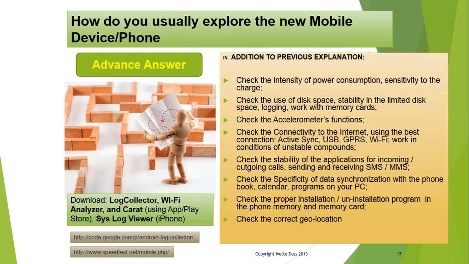It's not just about whether we can uninstall the application without any crash or freeze, but also, from a technical point of view, whether any trash files are still kept in phone memory or on the memory card. We also check for correct current geolocation, and can play around with this, specifically if some application involves GPS or location-based services. I think it's critical to check before we start testing.